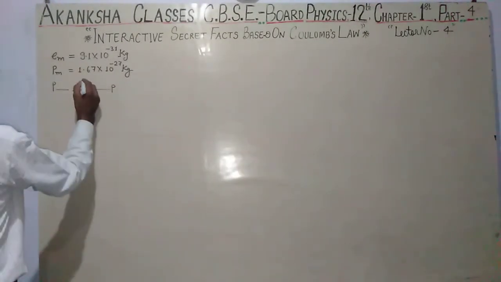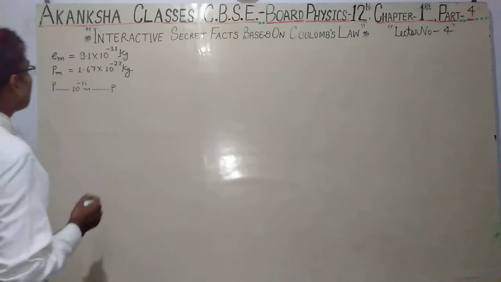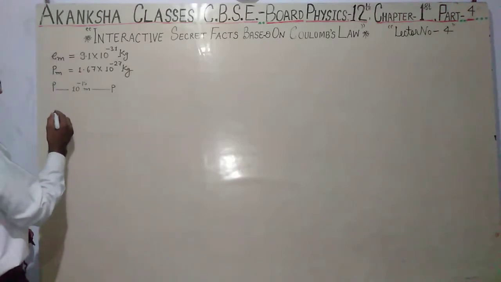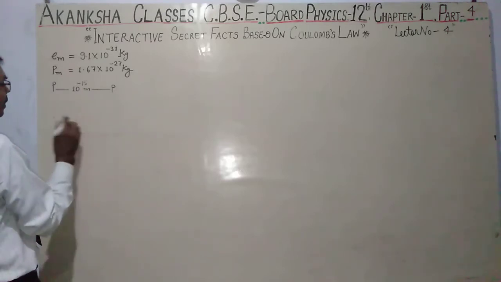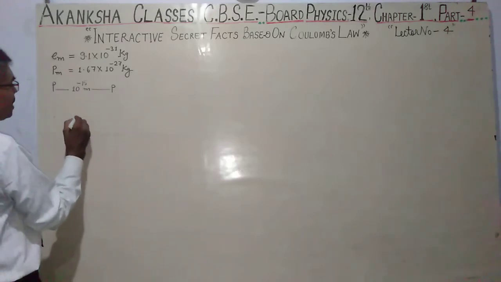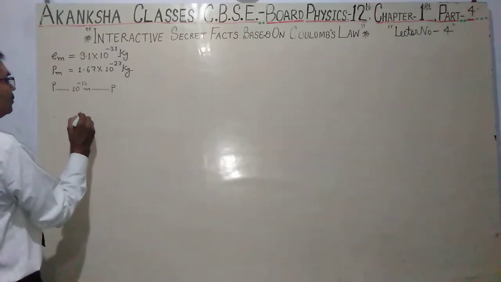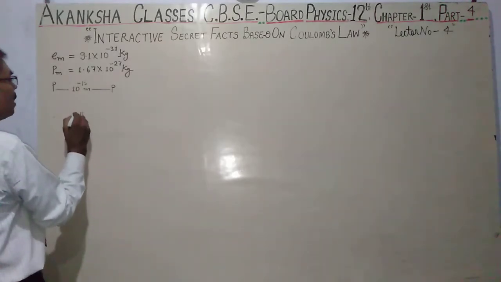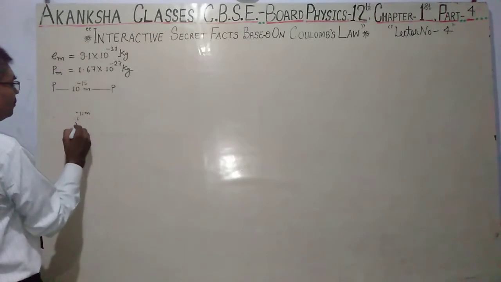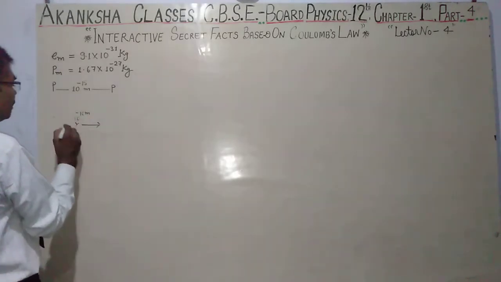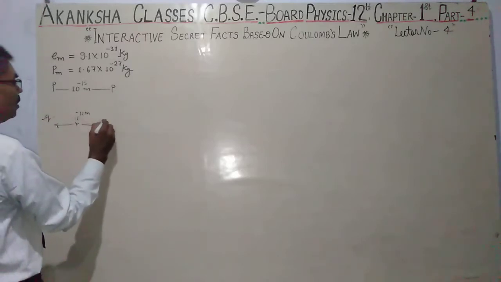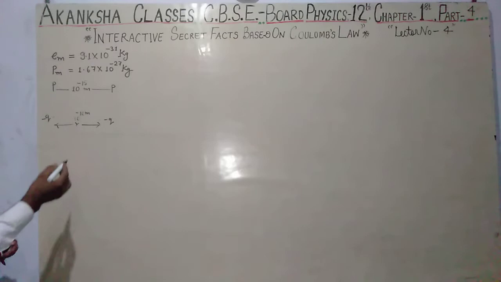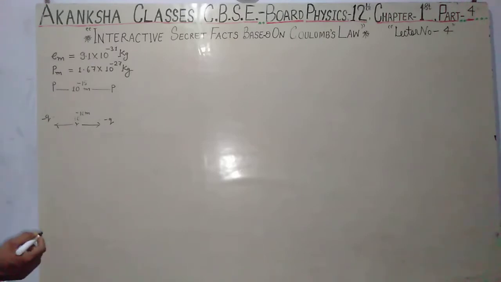Hence students, let's start. Assume that two electrons are kept at a separation of 10 power minus 10 meter. Two electrons are kept at a separation of r from each other.